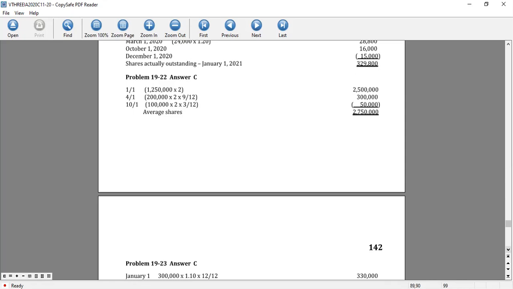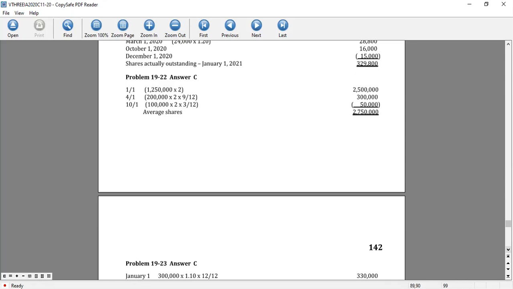Then the treasury shares purchase of 100,000, again affected by the share dividend.